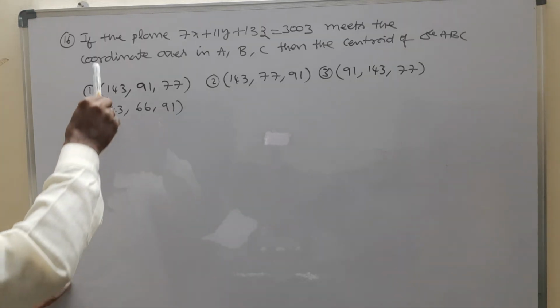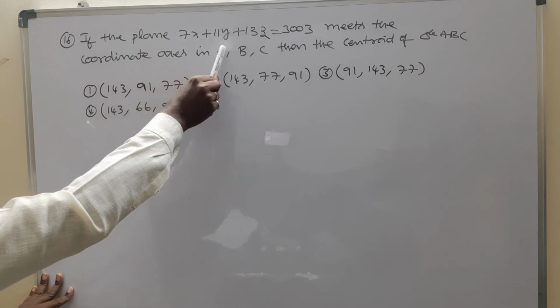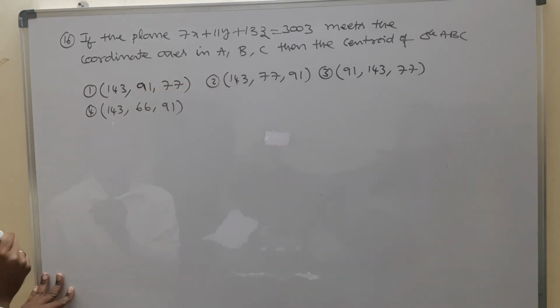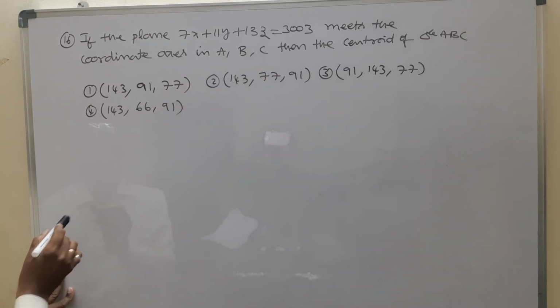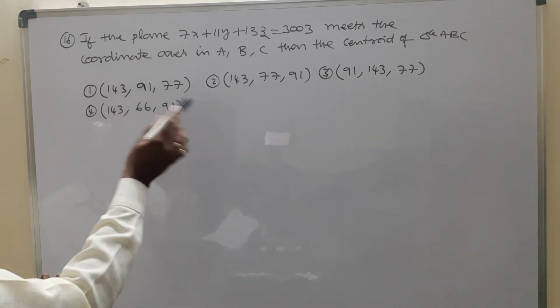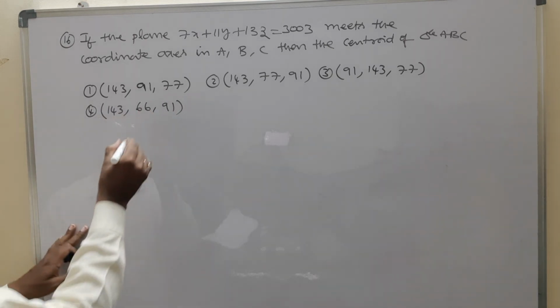Question number 16. If the plane 7x + 11y + 13z = 3003 meets the coordinate axes in A, B, C, then find the centroid of triangle ABC. Here the four options are given.